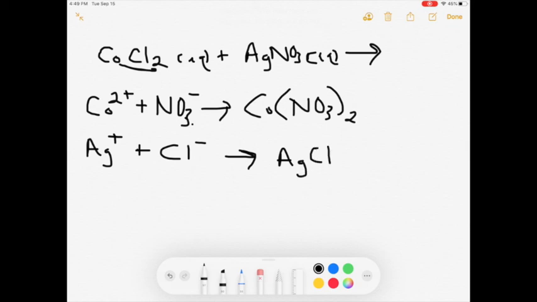Okay, so now we look at our solubility table and we see that nitrate is always soluble. So we're going to put AQ. Chlorine is soluble except when it's paired with silver. So we're going to give it an S because it's insoluble. Okay, so I'm going to rewrite these up here.